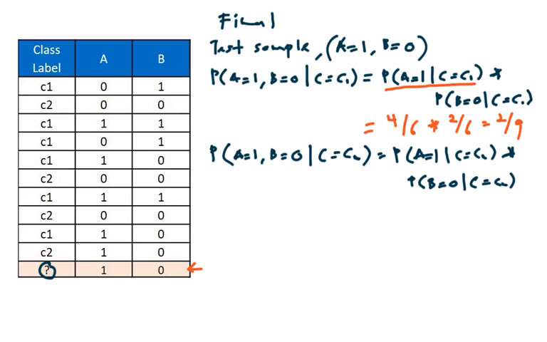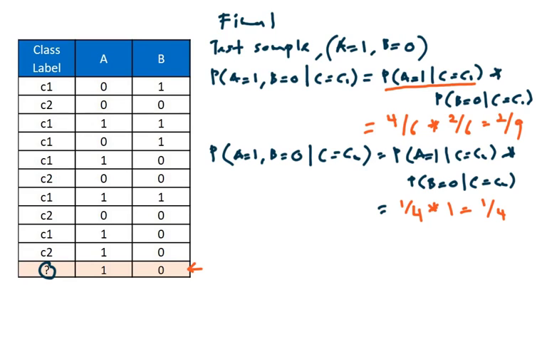For this case, you can go back and check. This will give me 1 over 4 multiplied by 1, which gives 1 over 4.